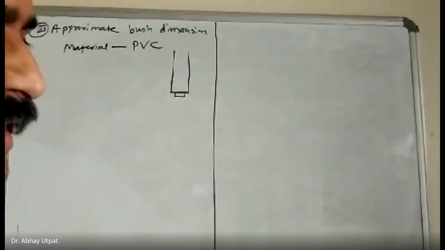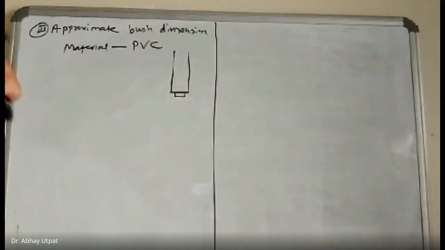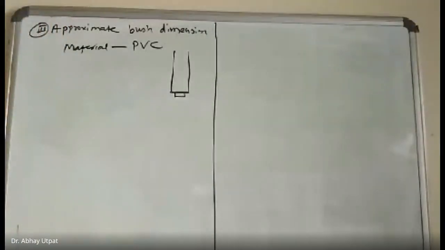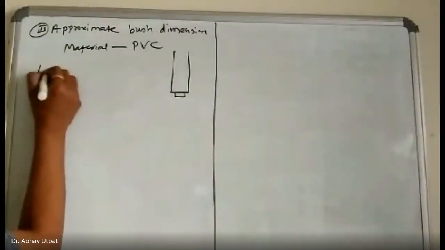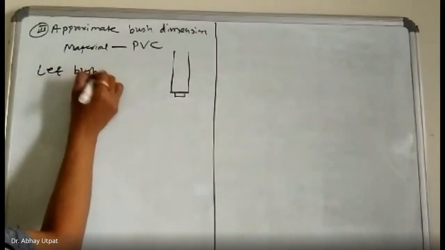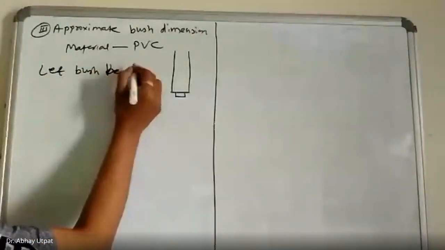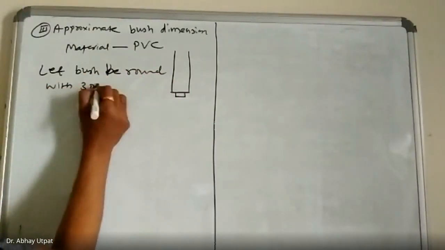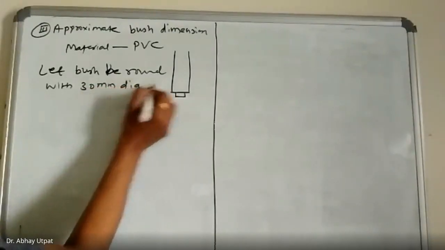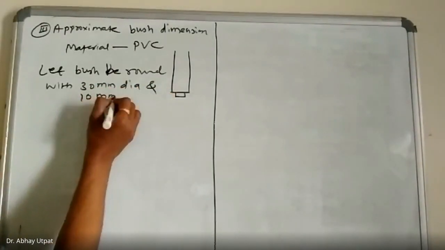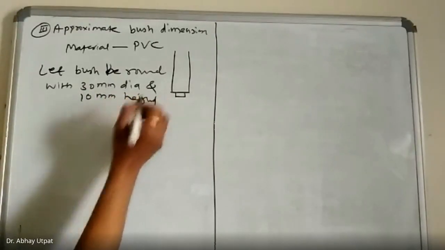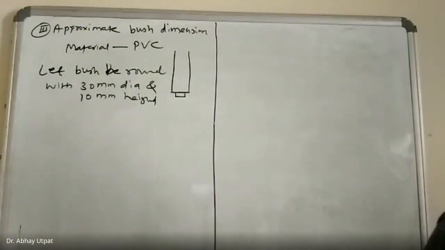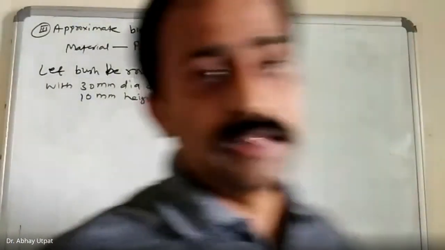So let us decide a common dimension for this bush. Let this bush be round with 30 mm diameter and 10 mm height, and that is having one hole inside.